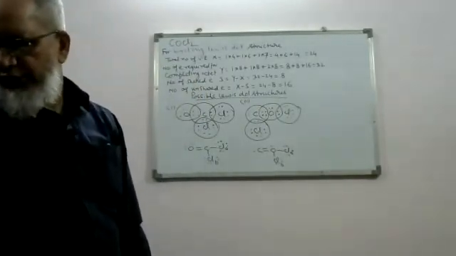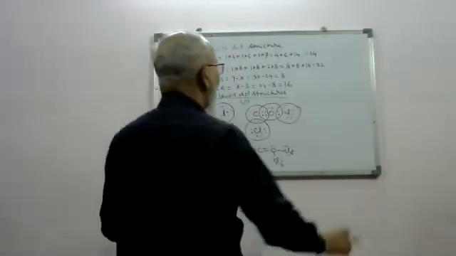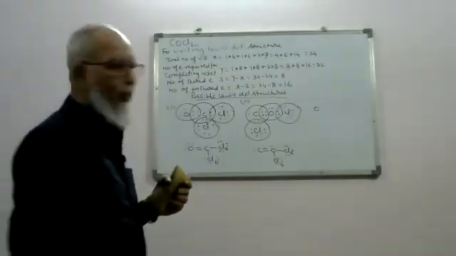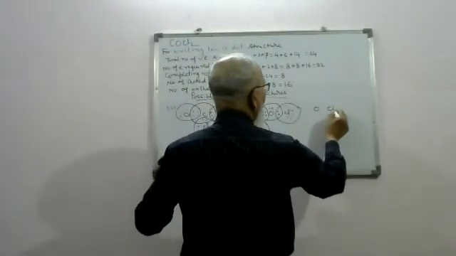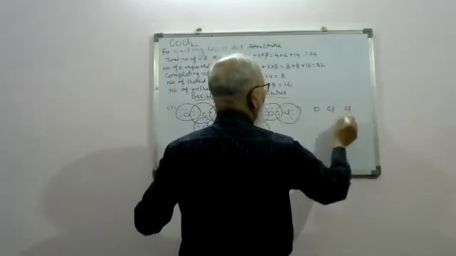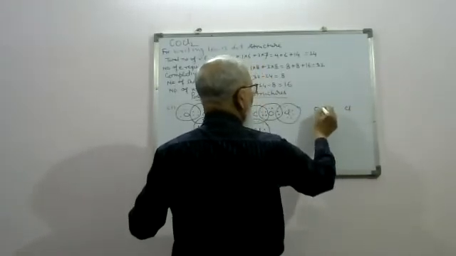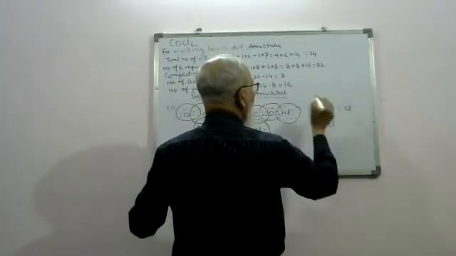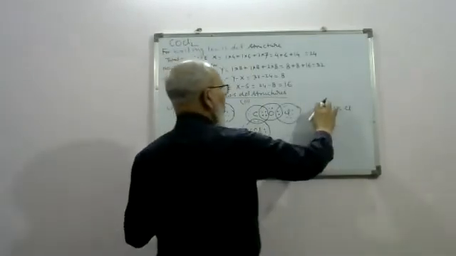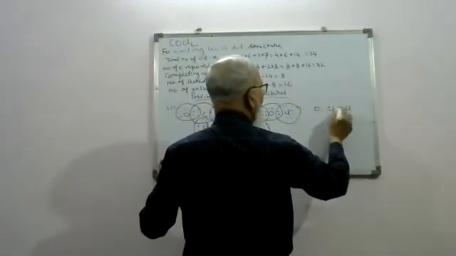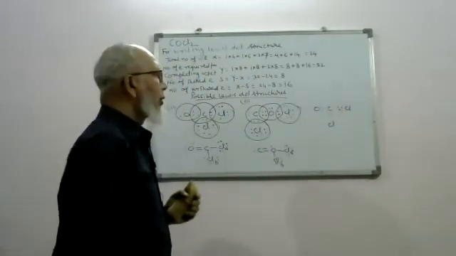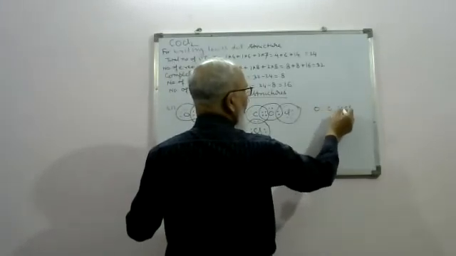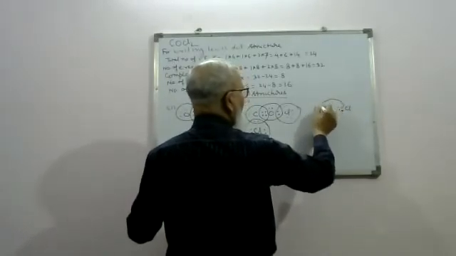Now let us draw another structure. O, C, Cl: 2, 4, 6, 8. Total number of electrons here: 2, 4, 6, 8. This carbon has completed its octet.